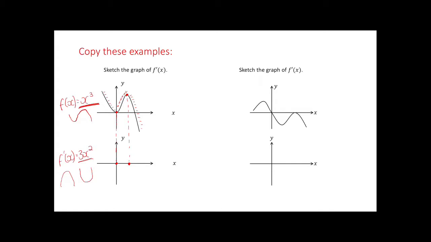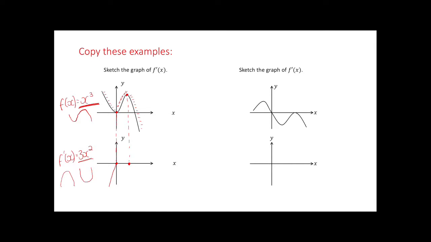Now, what the negatives and pluses tell you is the direction that your graph's going in, whether it's lying above or below your x-axis. So if you've got a negative gradient in your original graph, that just means that your line's going to lie below the x-axis in your derived graph. So it's going to lie down here.